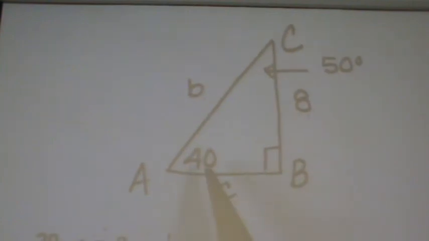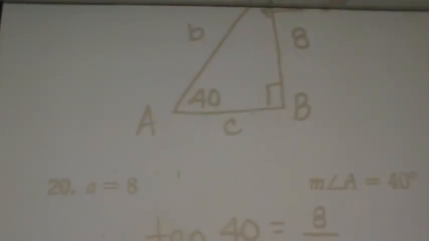And now you can use that to find side B. Or you could use 8 and B, that would be your sine. So you could do sine of 40 is 8 over B. How does that sound? Opposite over hypotenuse.